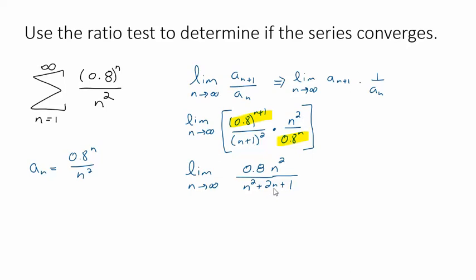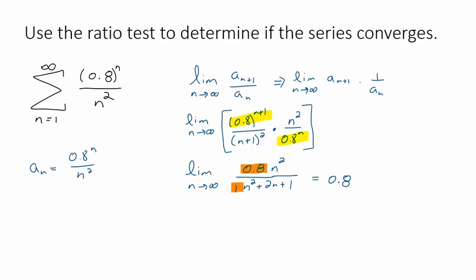The limit as n approaches infinity is going to be the ratio of the coefficients of the leading terms, so it's going to be 0.8 divided by 1. That's a property of rational functions. So this limit is going to come out to be 0.8.